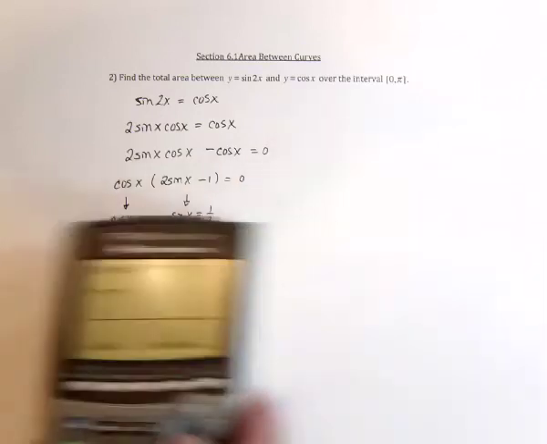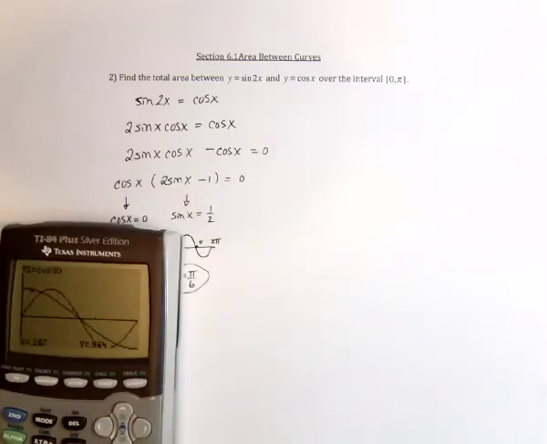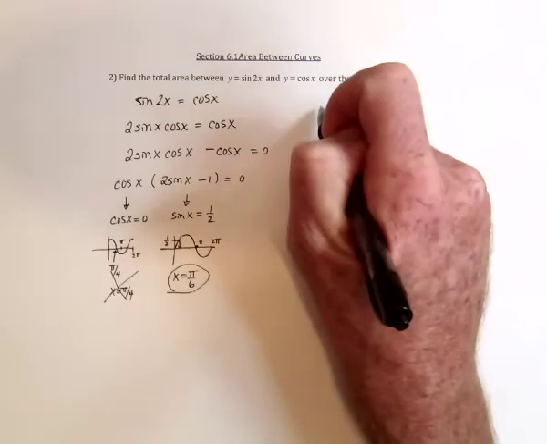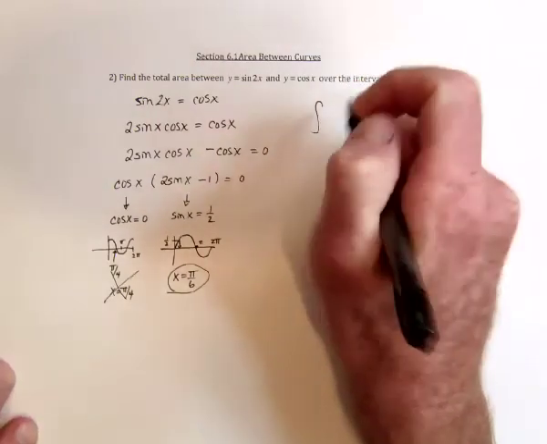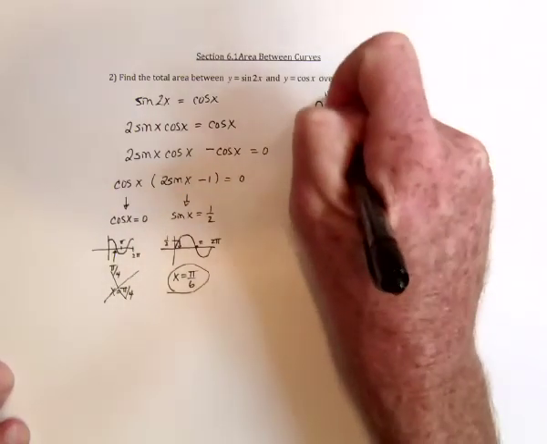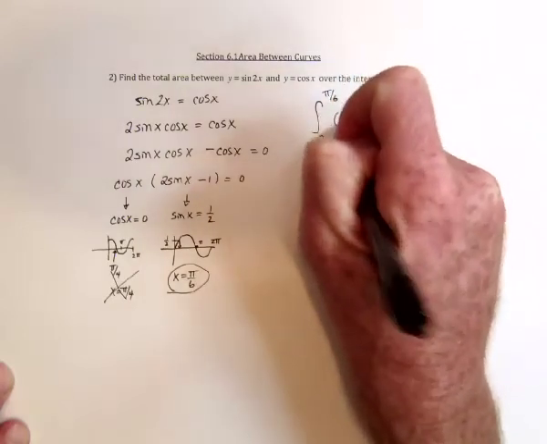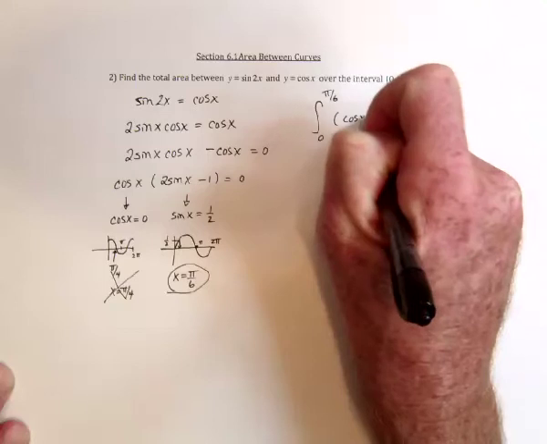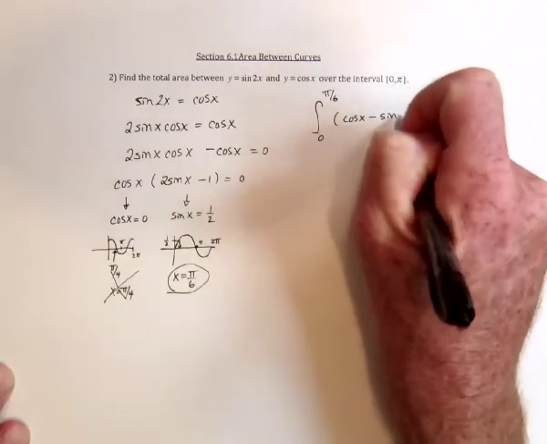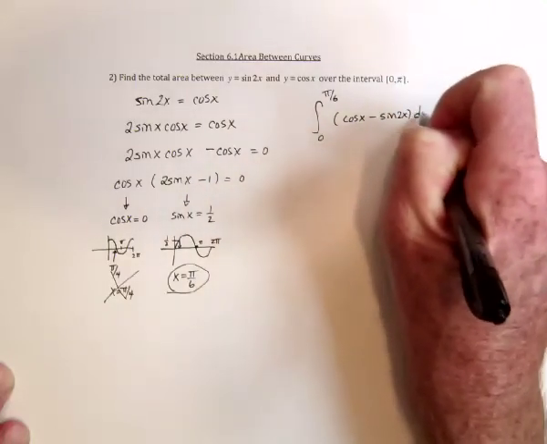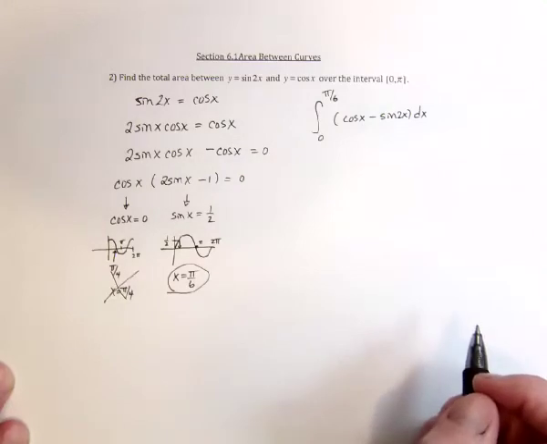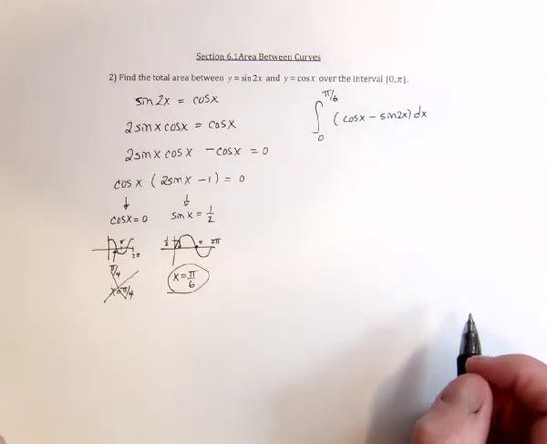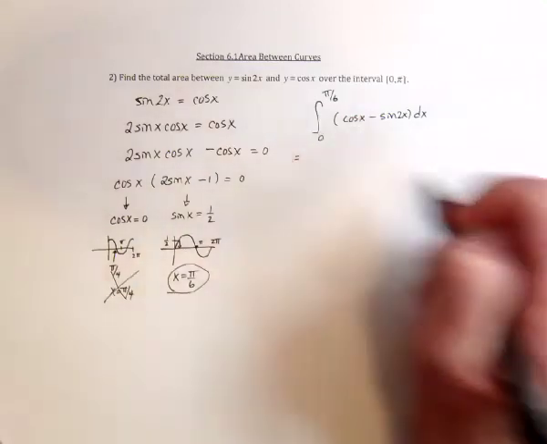So we need to integrate from 0 to pi over 6, integrate the top one, which is cosine of x, minus the bottom, which is sine of 2x. And then we're going to have to do the second integral and add the two answers together. But we'll just do this one first of all.